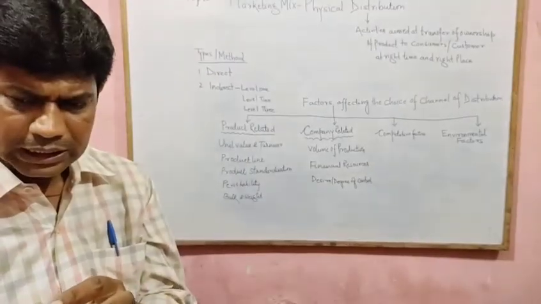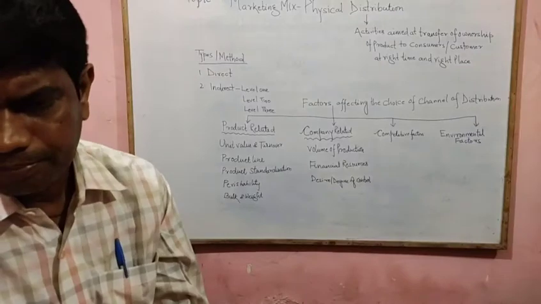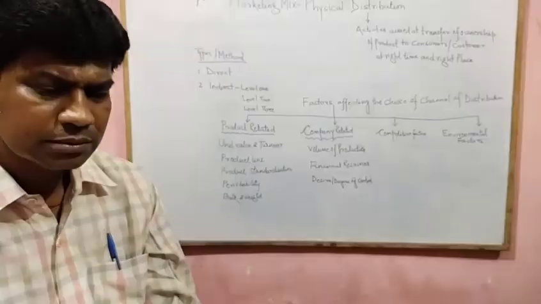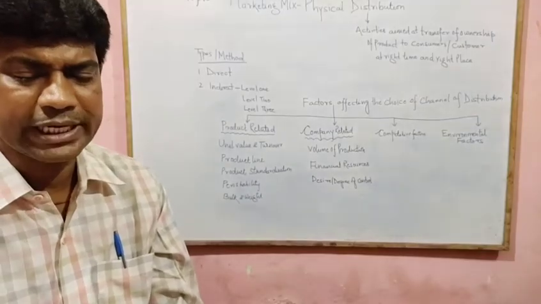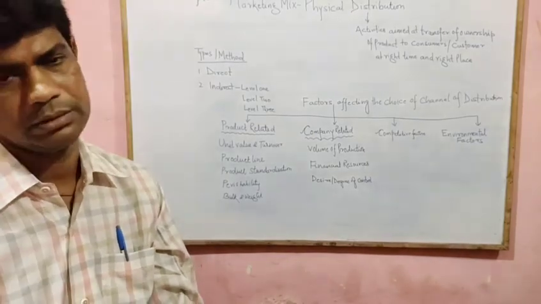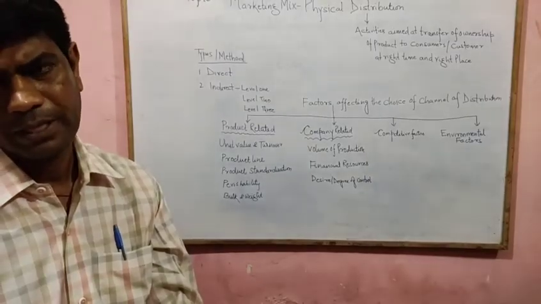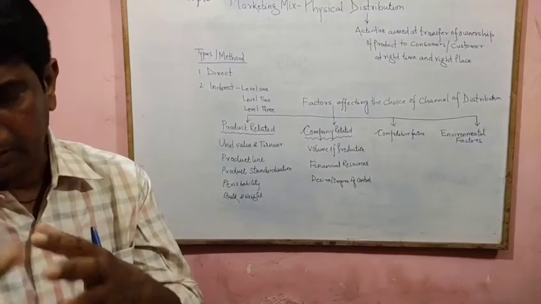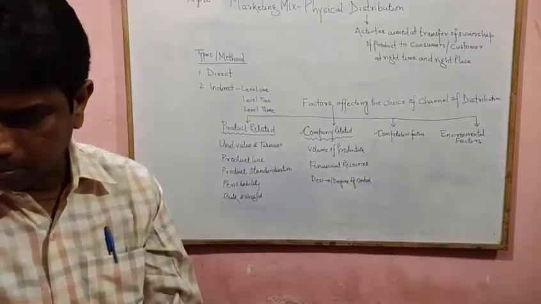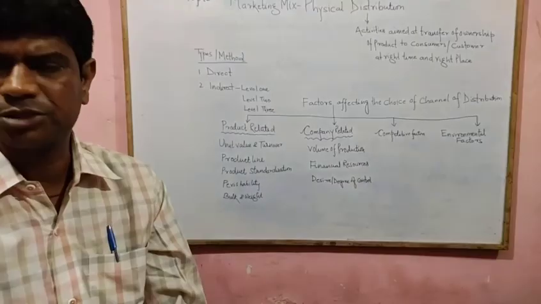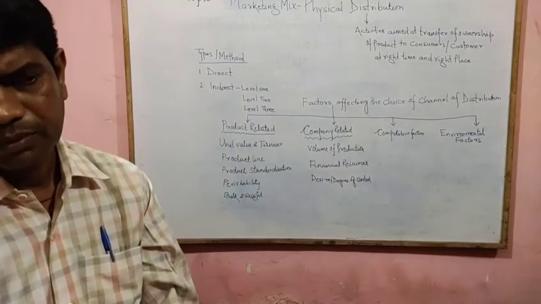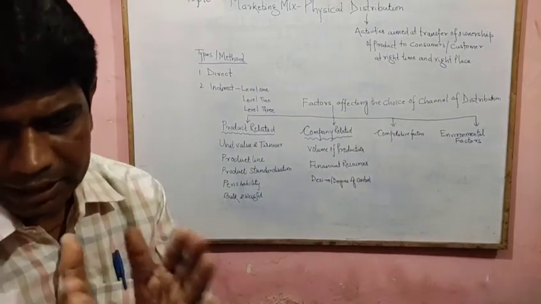But if the goods are bought in big lots, then in such a case distribution can be through a direct channel. There is no need of unnecessarily employing middlemen. So middlemen are employed when goods are distributed in small lots to the customer, whereas when it is in bulk, we can have a direct channel.